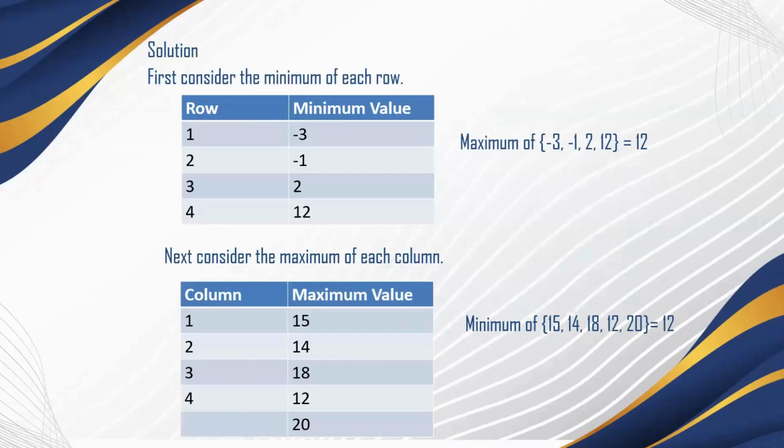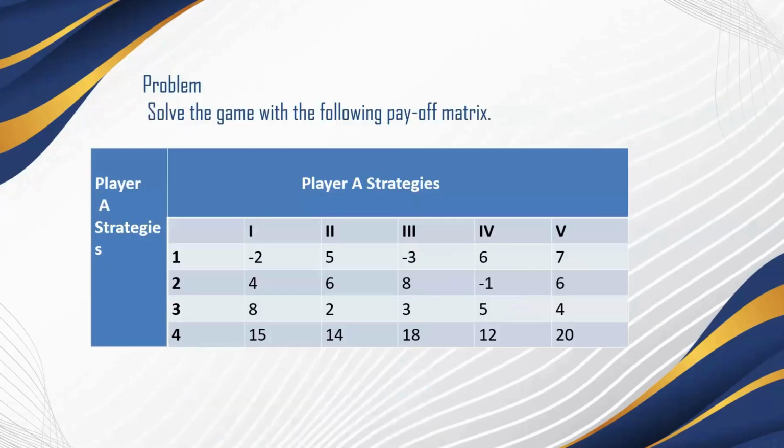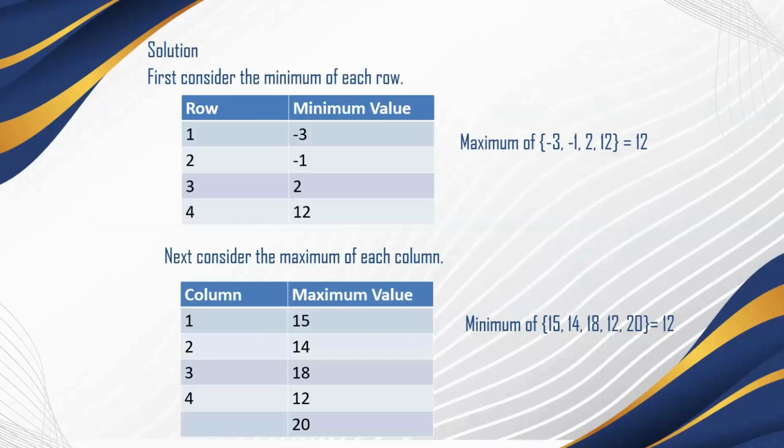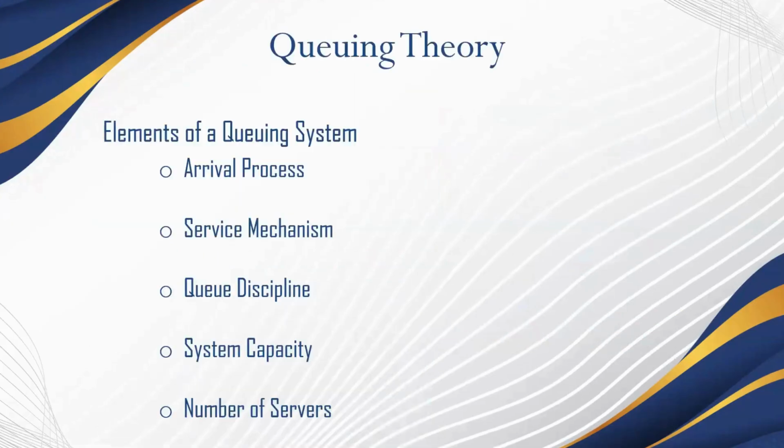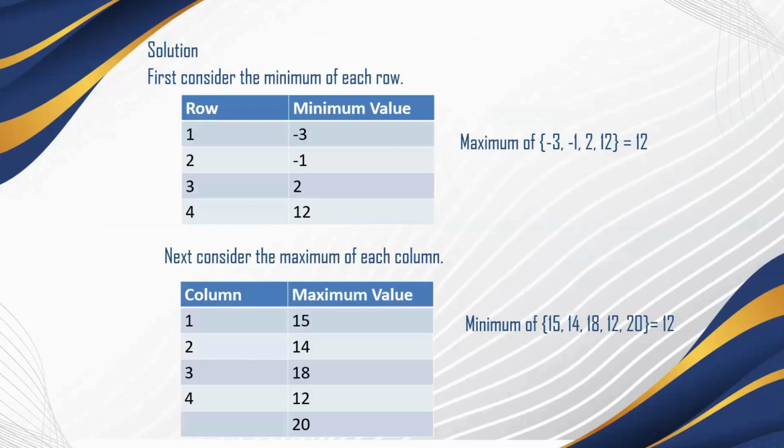First, we will see the minimum number of each row and then the maximum of the minimum numbers. Then the minimum of the maximum number of each column. From then, we will see the common number from the minimum and maximum, and that common number is our saddle point.